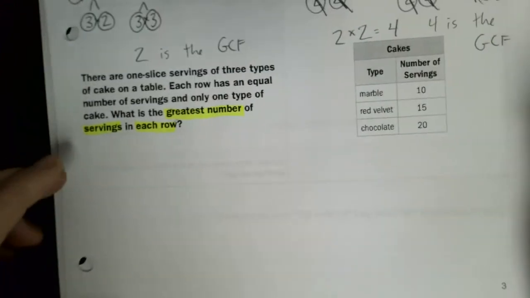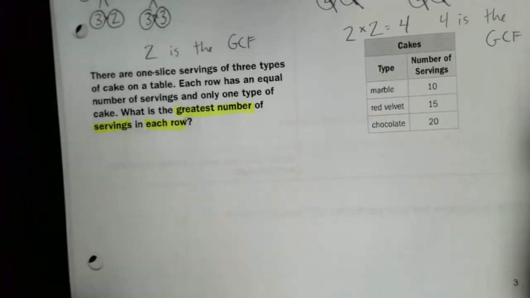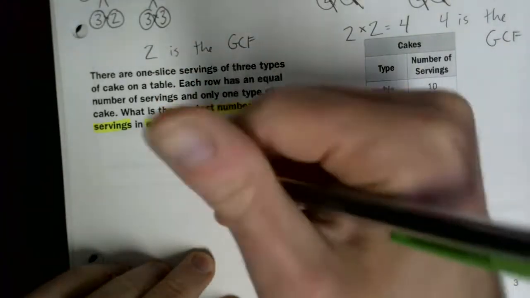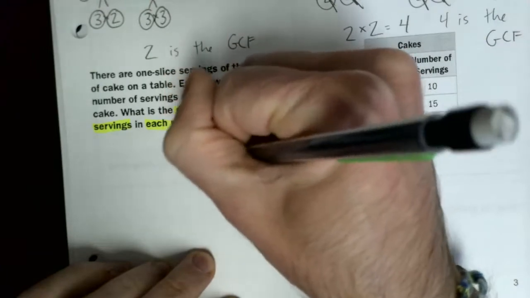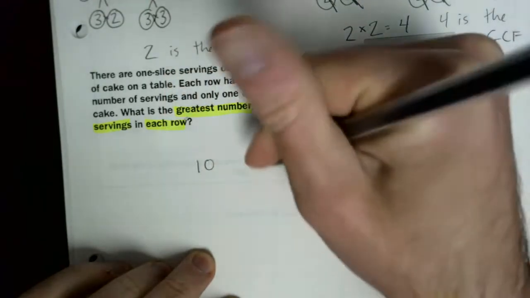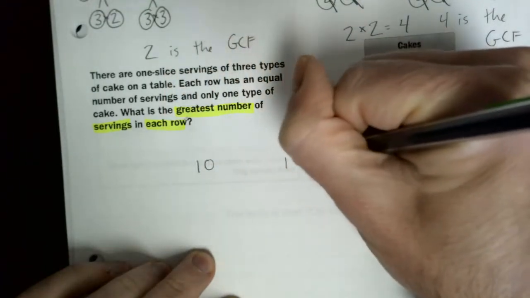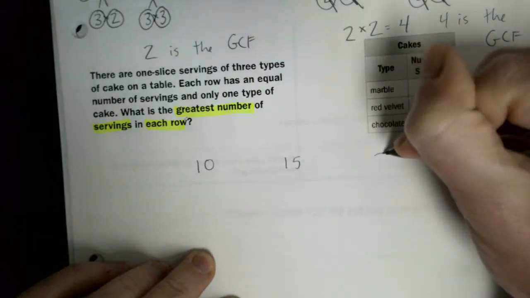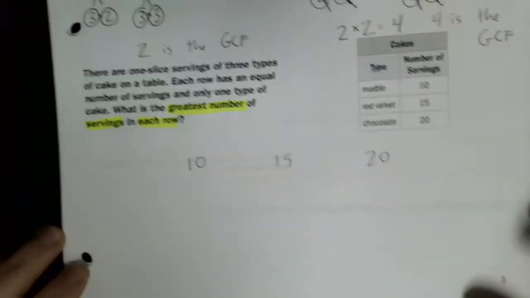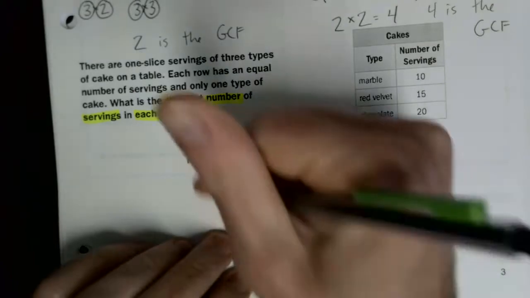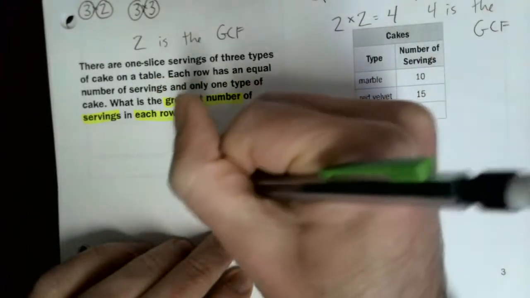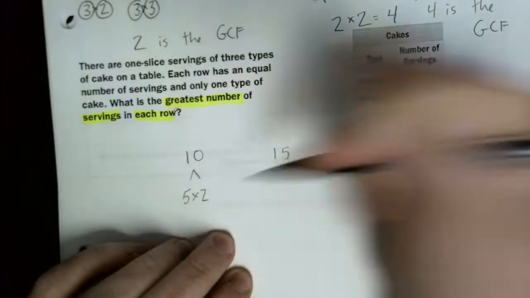Okay? So we're going to use GCF, the method we just worked on, prime factorization, to answer this question. So 10, 15, and 20. These numbers might be pretty easy to work with here, I hope. So 10 is going to be 5 times 2. You can circle both of them.